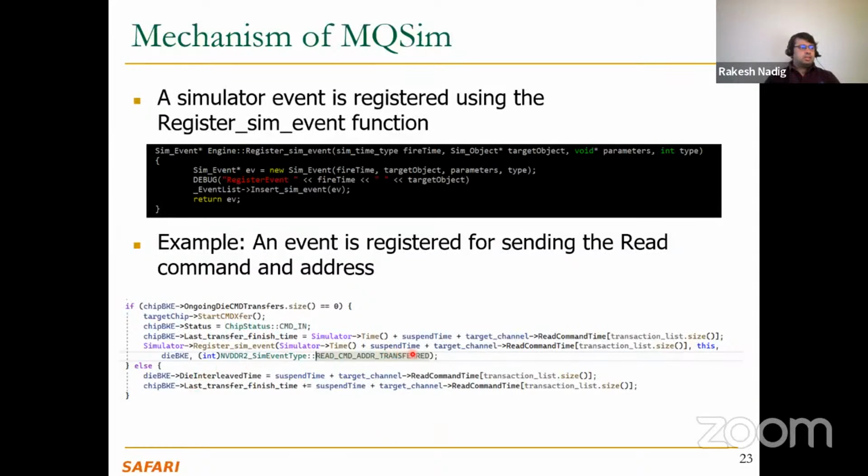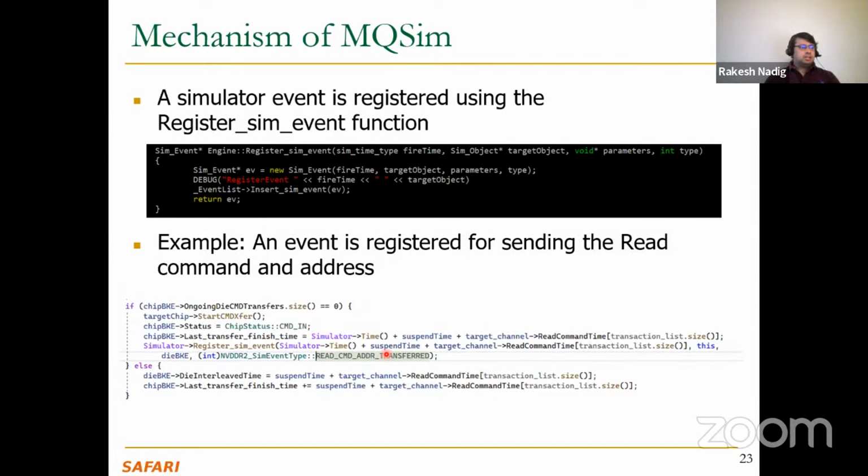Then we call the callback, the macro used in the callback function. So read command address transferred will be the macro which is looked up in that callback function, and then the routine is executed. This is how we register an event in MQSim.